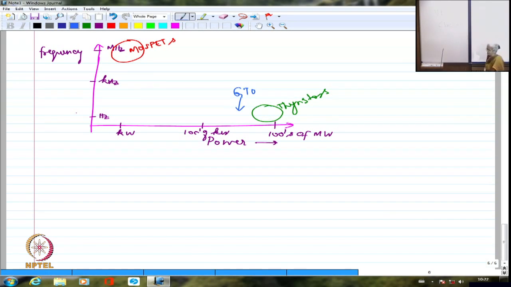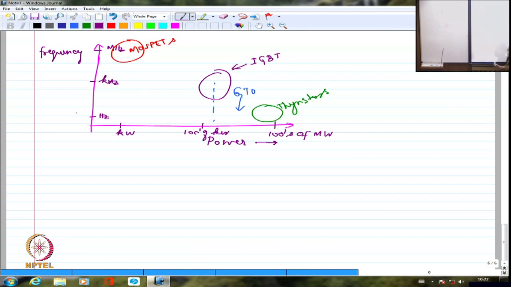But if I am talking about close to a few megawatts and a few tens of kilohertz, around this region is IGBT. So IGBTs are used in roughly those regions.